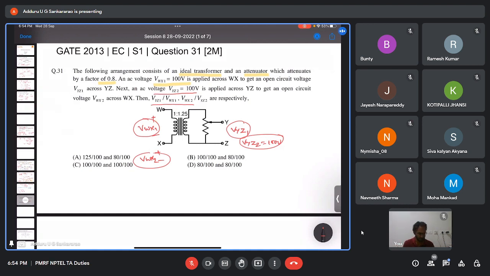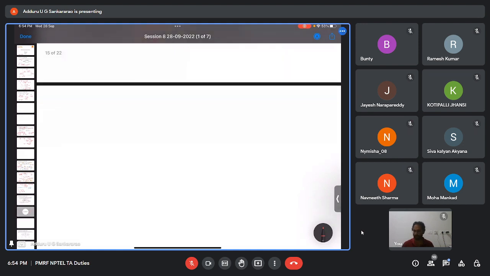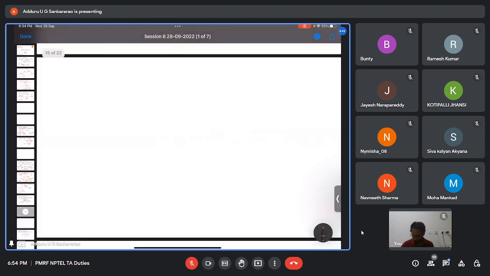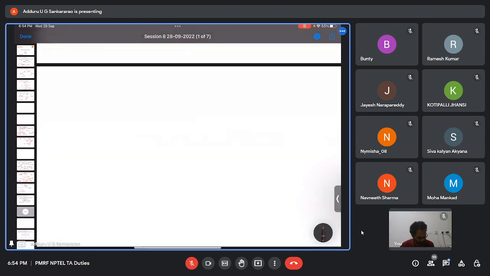Since it's a transformer, we need to try to understand a little bit about the transformer. Let us say we have an ideal transformer with N1 turns at the primary and N2 turns in the secondary. At the primary the voltage is V1, the impedance is Zin, and current I1 is entering.